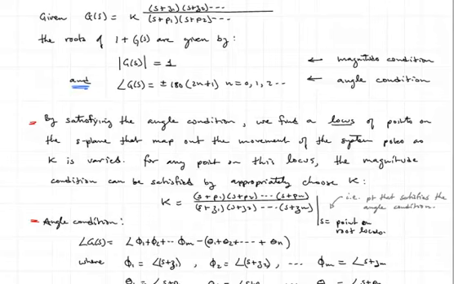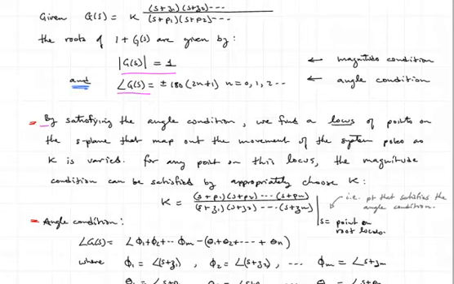So given G(s) of the form stated here, the roots of 1 plus G(s) are given by magnitude of G(s) equal to 1, and then the angle of G(s) equal, again, to plus or minus 180 times (2n plus 1), where n is a non-negative integer. So we need to satisfy the magnitude and the angle condition.